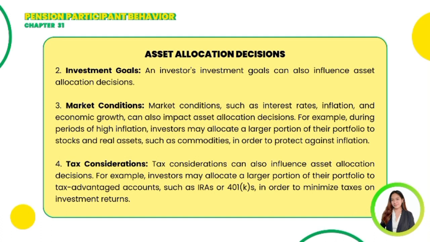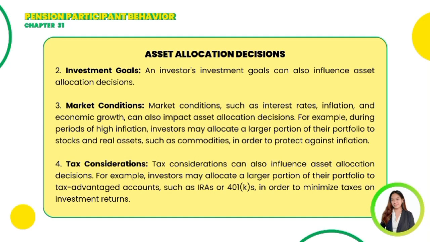On the other hand, during periods of economic uncertainty, investors may allocate a larger portion of their portfolio to less risky assets such as bonds and cash. Economic growth can also impact asset allocation decisions, as stronger economic growth may lead to higher stock returns, while weaker economic growth may lead investors to allocate more of their portfolio to bonds and other fixed income investments.